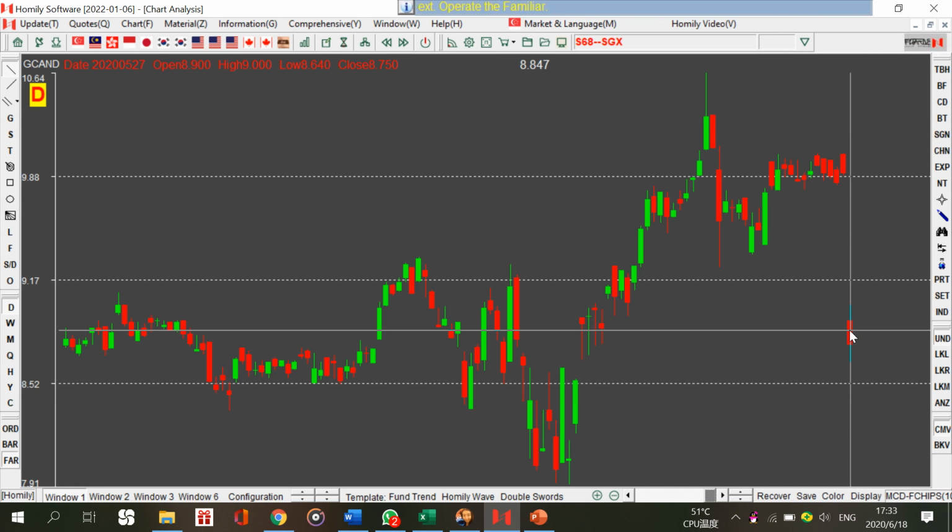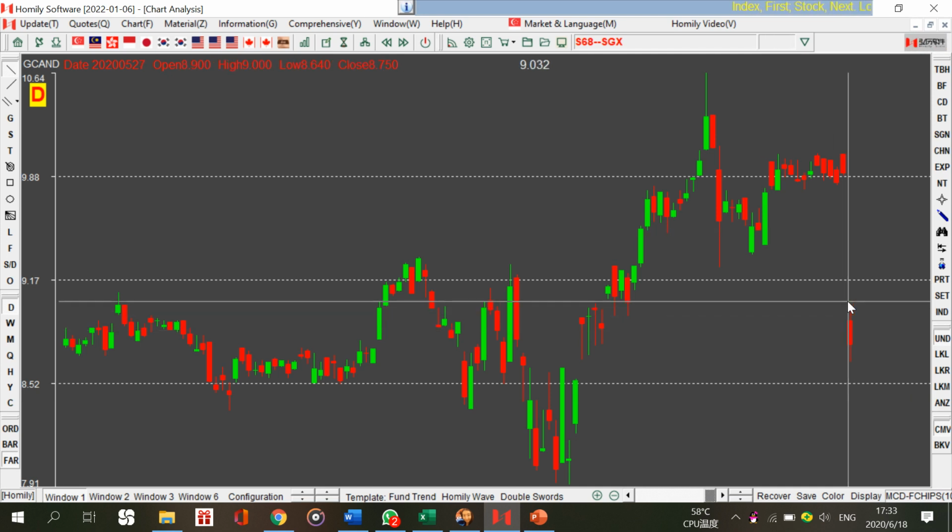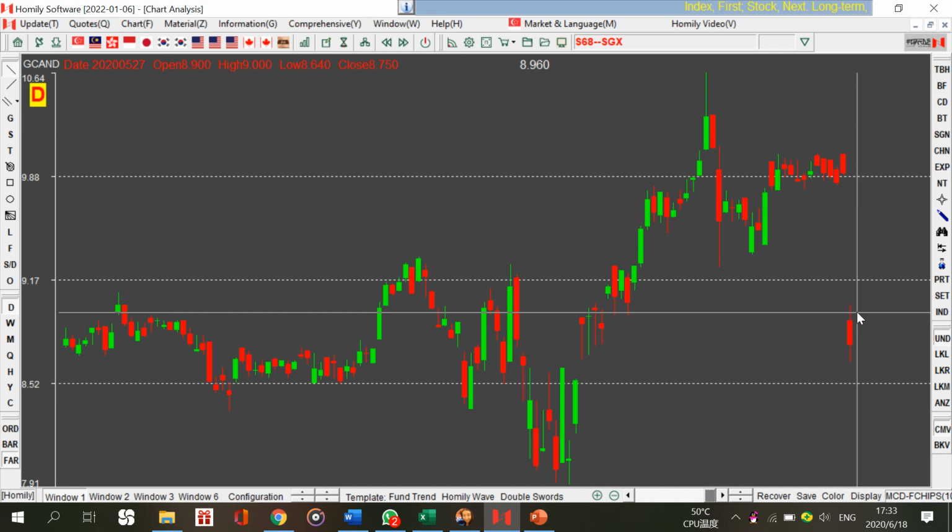That is the bad news, and people are expecting that the future should be worse for SGX, and that's why we have the price gap down open, because people's expectations about future performance are negative.